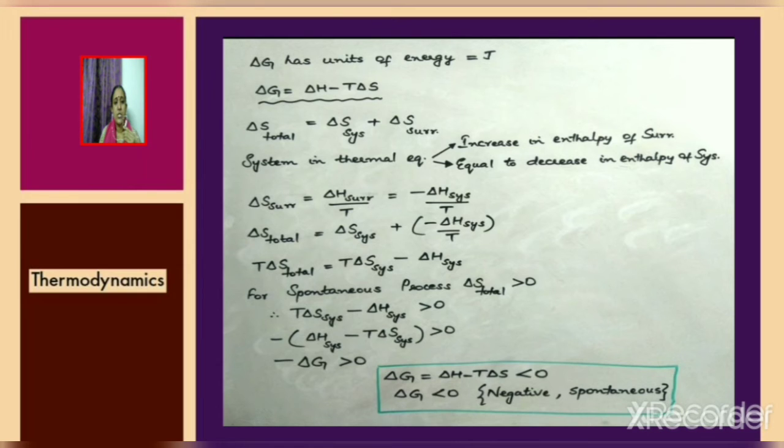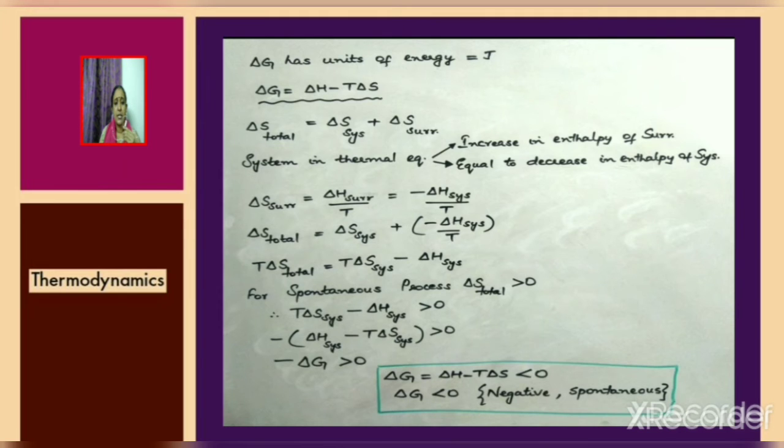Now consider the equation delta S total is equal to delta S of the system plus delta S of the surroundings. Substitute for delta S surroundings. Then the equation becomes delta S total is equal to delta S of the system plus minus delta H of the system by T. Or we get T into delta S total is equal to T into delta S of the system minus delta H of the system. We know that for a spontaneous process, delta S total is greater than 0.